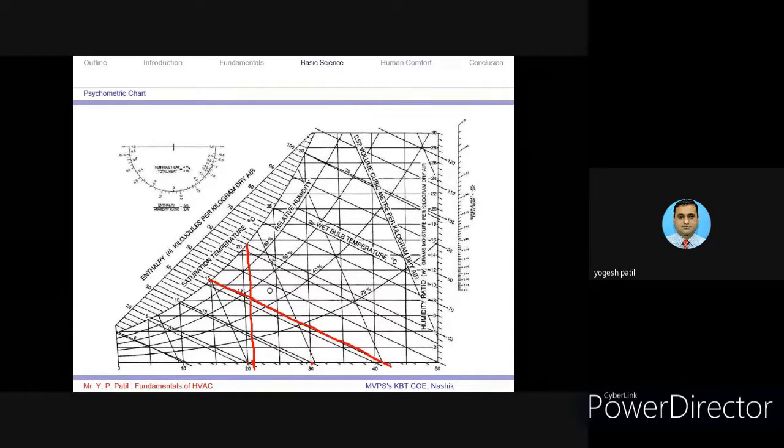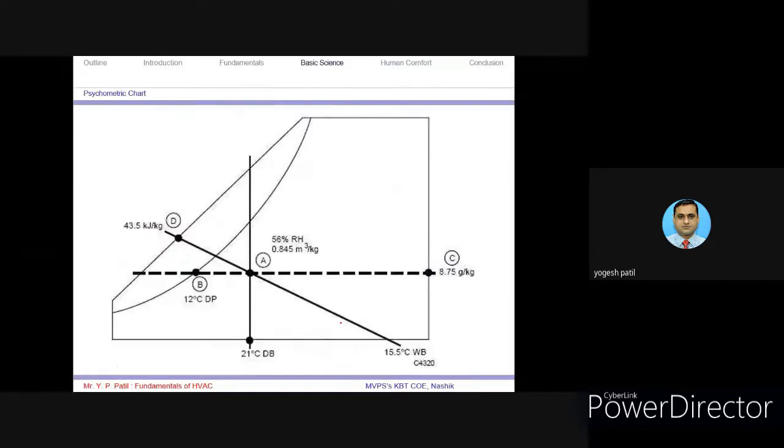Based on the intersection I will draw a horizontal line to the right side, and a horizontal line to the left side up to the maximum scale. You can see the same is shown here also: this line is of wet bulb, this is of dry bulb, and this is the horizontal line.